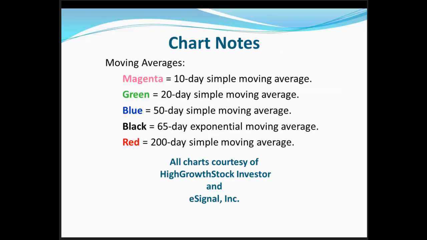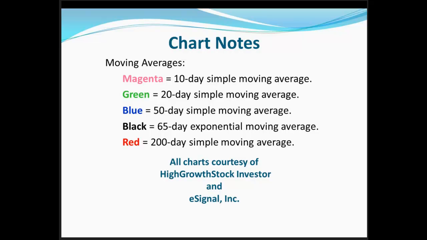I just want to let you know the moving averages that you see on the charts. There will be a magenta line, which is a 10-day simple moving average. On some of the charts, a green 20-day simple moving average. On all of the charts, you'll see a blue 50-day moving average. On some of them, you'll see a black 65-day exponential moving average and a red 200-day simple moving average. We generally just use the 10-day, the 50-day, and the 200-day.